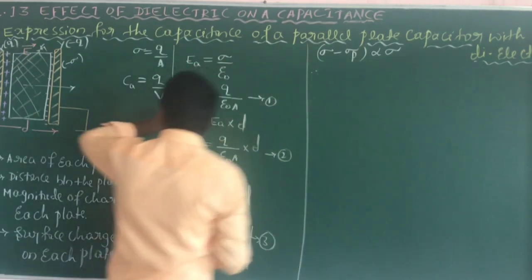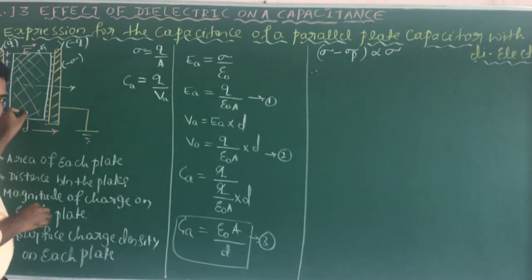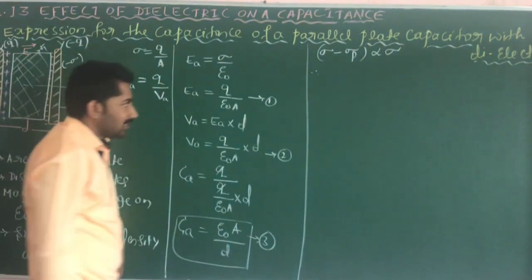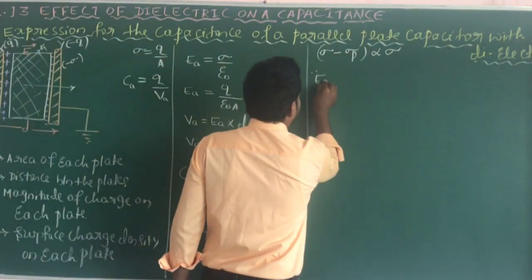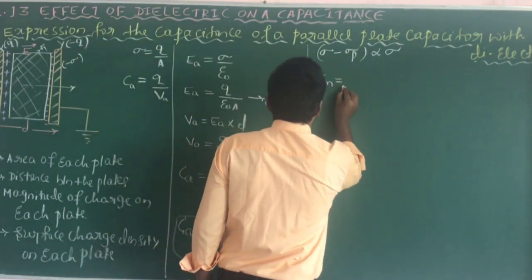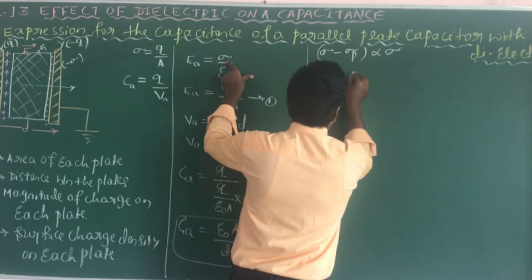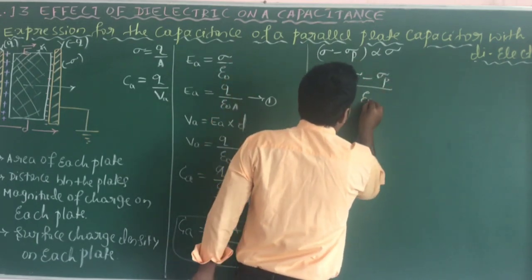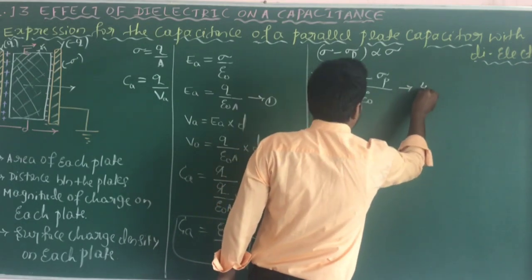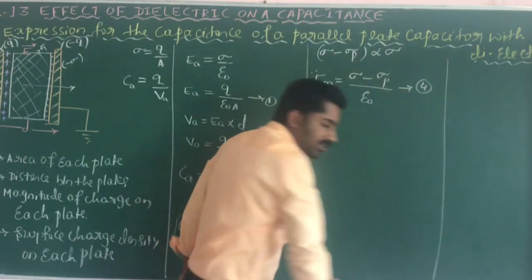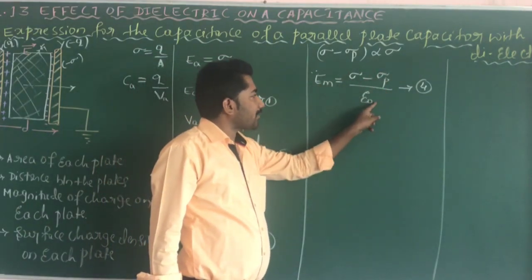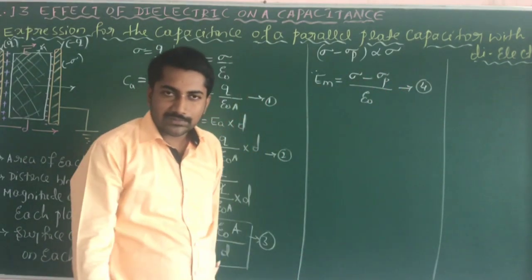But when a dielectric material is placed between the two parallel plates of the capacitor, the electric field in the medium, E_m, is equal to, instead of sigma, sigma minus sigma p divided by epsilon naught. This is equation number 4.